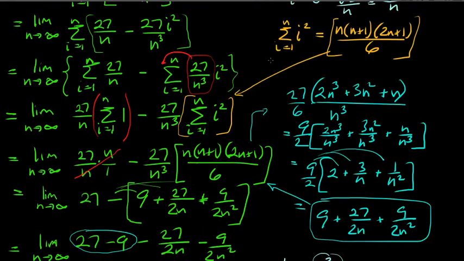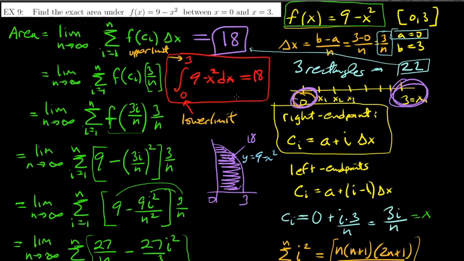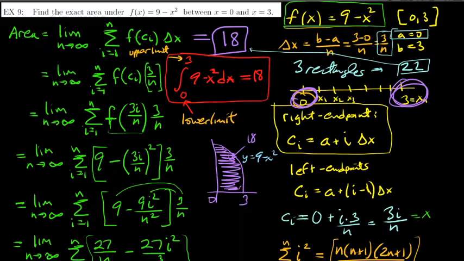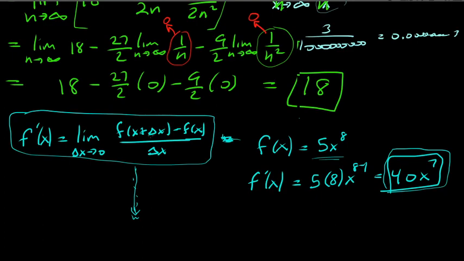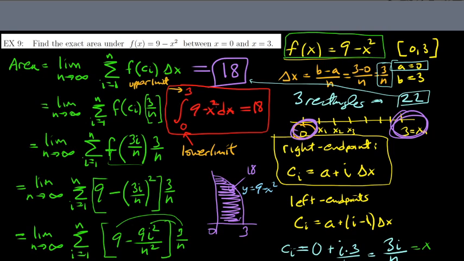Now, of course, you're probably not going to have to do this, maybe just once. You do it once for the homework, and you never do it again. Just like with the derivatives, you don't take the derivative by using the definition. This is the definition of the definite integral here.